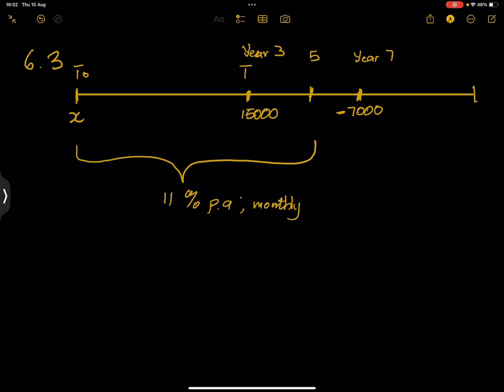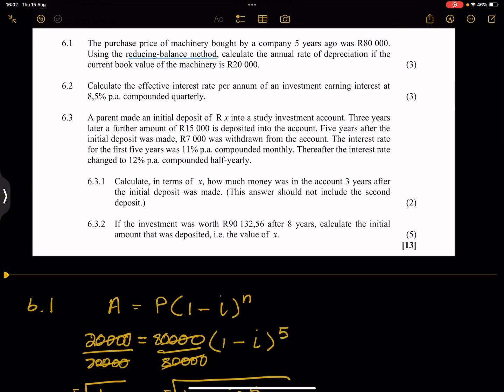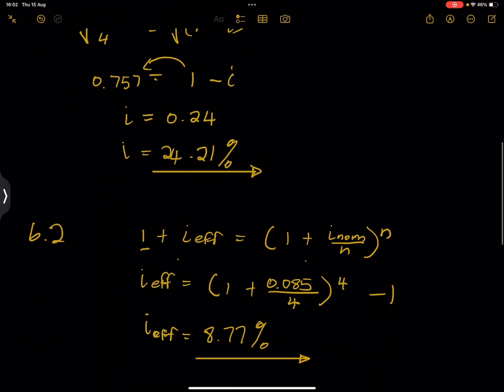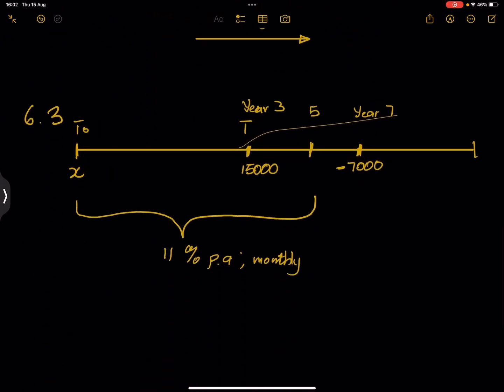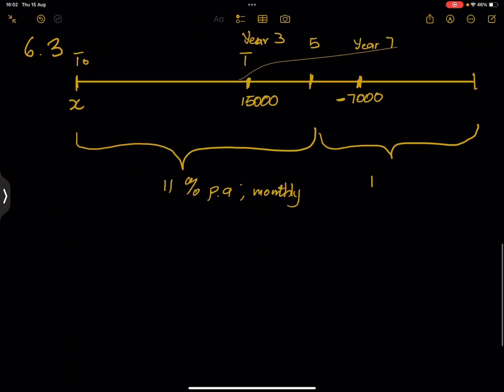And then they tell us that thereafter the interest rate was 12% per annum, compounded half yearly. So from here we compound that amount. This is going to be 12% per annum, compounded half yearly.